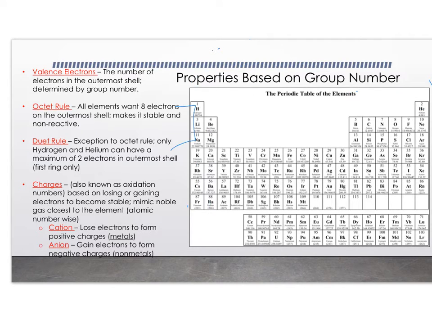Okay, so going into these second two rules, we have this octet rule. That's because all elements want to have 8 electrons in the outermost shell. Once an atom has 8 electrons, it becomes completely stable and unreactive. And that can be related to group number 8. Because they're in group 8, these noble gases have 8 valence electrons.